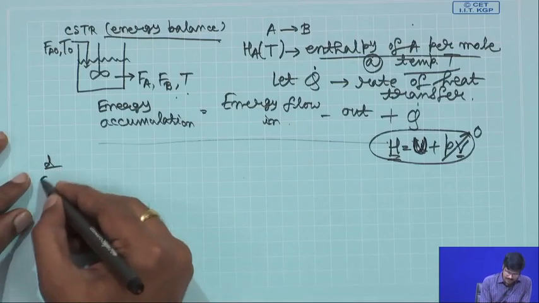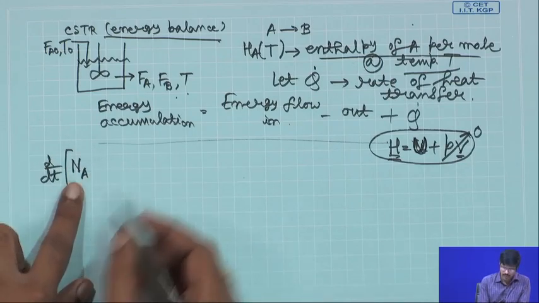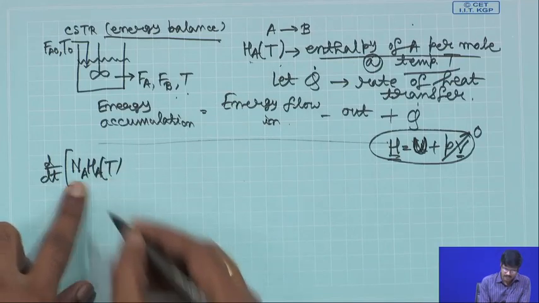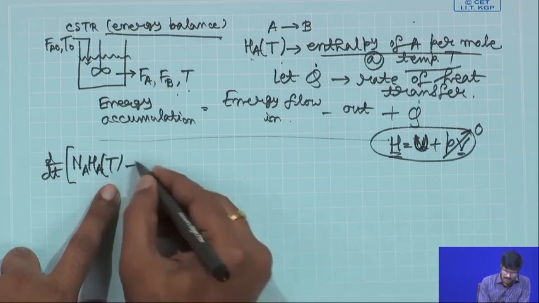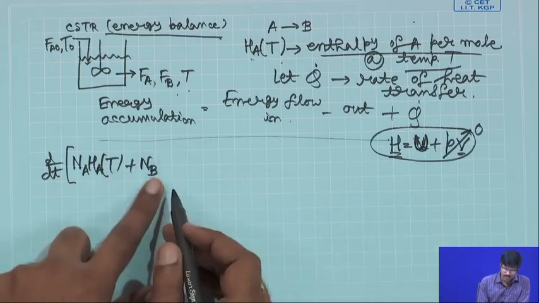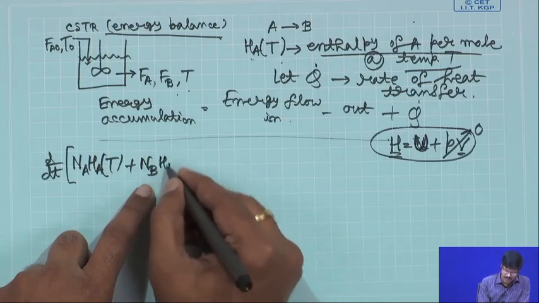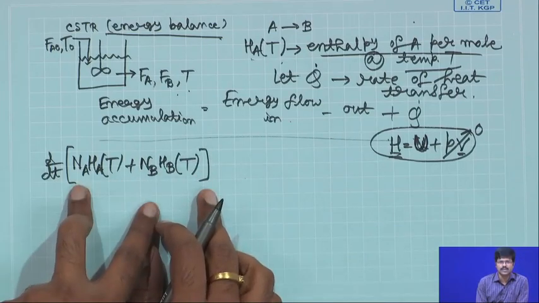That is d/dt of Na, the number of moles of A, times HA(T), because this is per mole. And for the species B, Nb is the number of moles, so Nb times Hb(T). As a function of time this is changing.